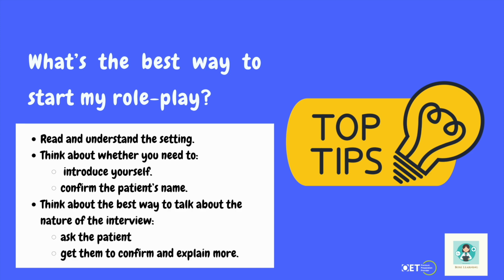And think about the best way to talk about the nature of the interview. You could just ask the patient, or you could get them to confirm and explain more. Overall, be sympathetic, be empathetic, and be really aware of who you're talking to and where this happens to take place, and that will set you off in a good direction.